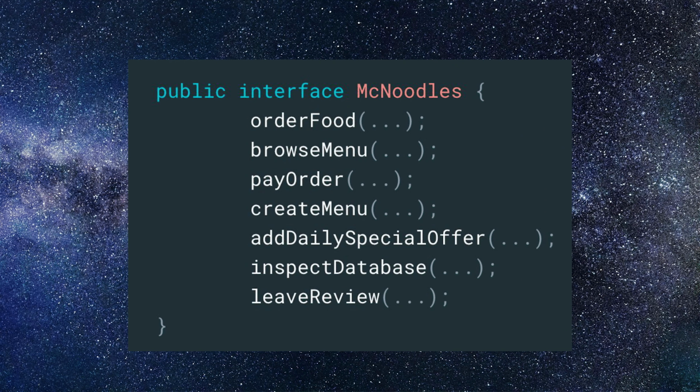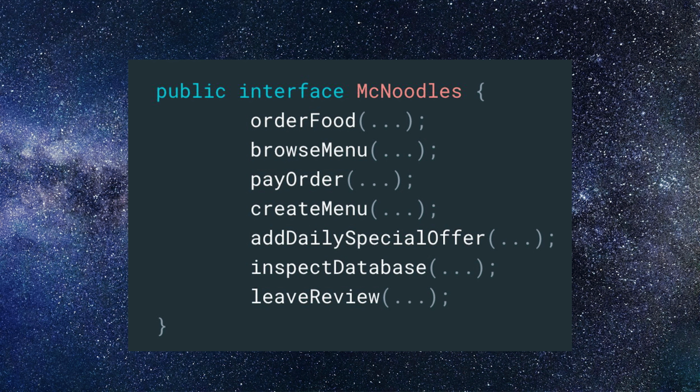The core application interface, which all clients depend on, contains methods that are not needed by all clients. For example, the mobile app only needs to place orders and browse the menu, while the web interface only needs to create menus and add special offers. This monolithic interface forces all clients to depend on methods they don't need, which can lead to maintenance issues and dependencies between components.